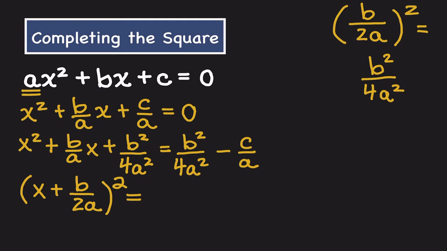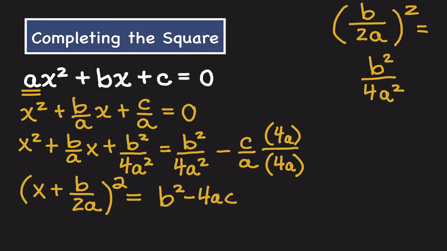Notice that this has a denominator of 4a squared, so we're going to want to have this as one fraction with 4a squared on the bottom. That means I'm going to need to multiply the top and the bottom by 4a. And that's going to now give me b squared minus 4ac over 4a squared.